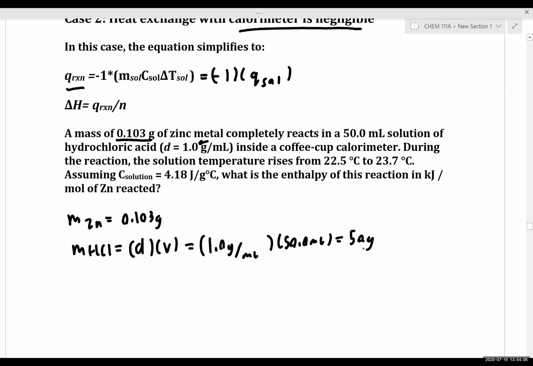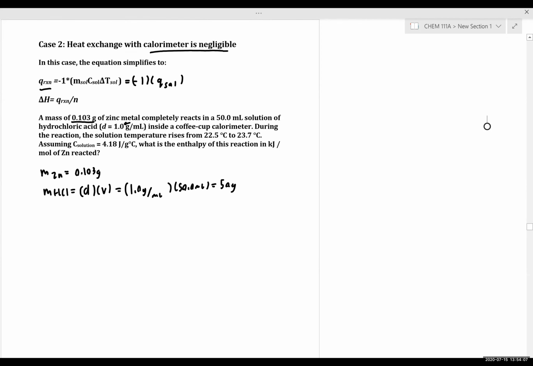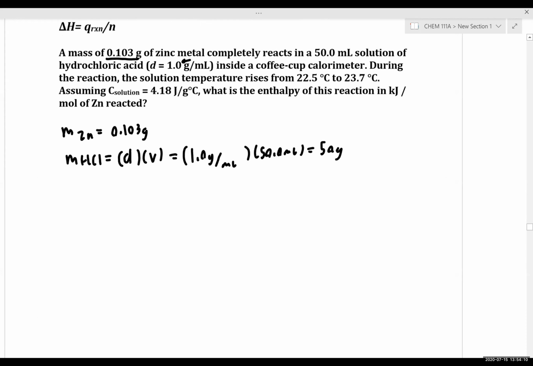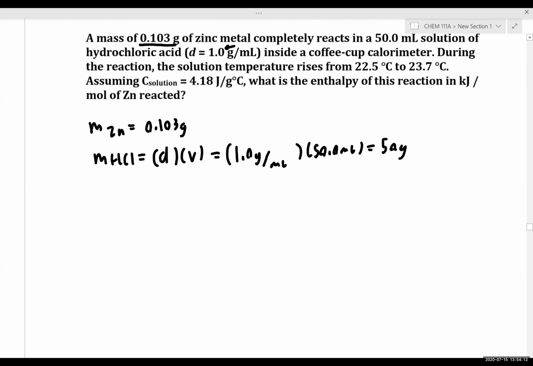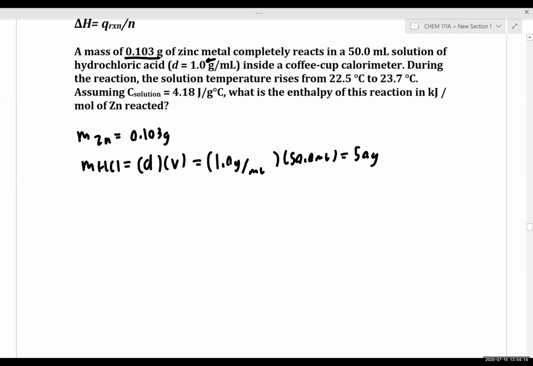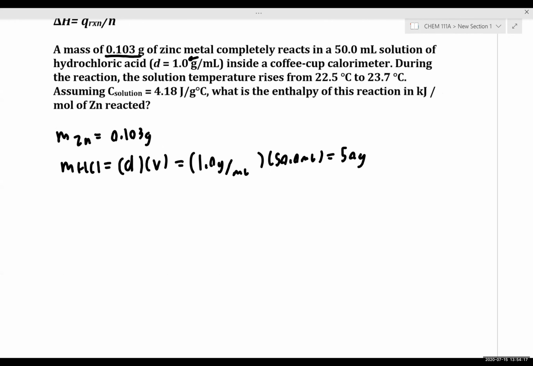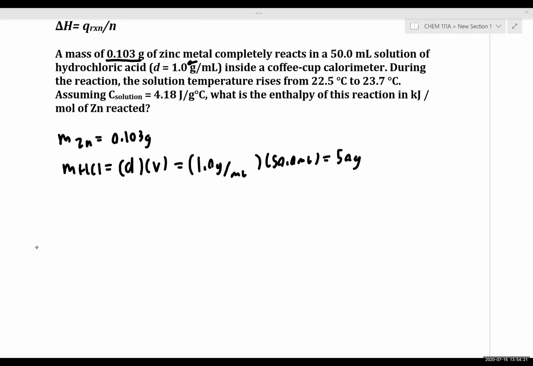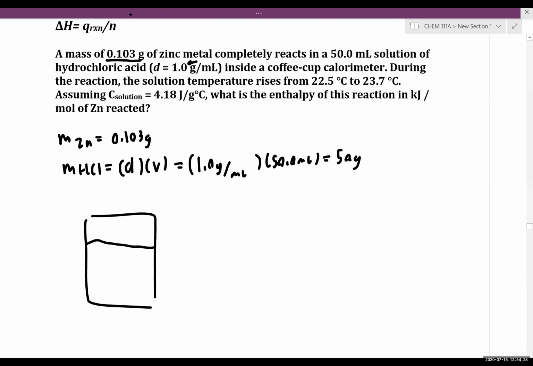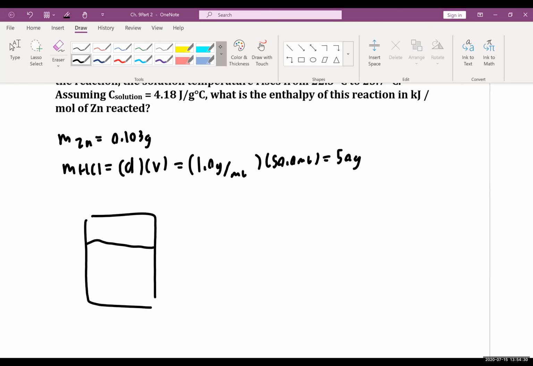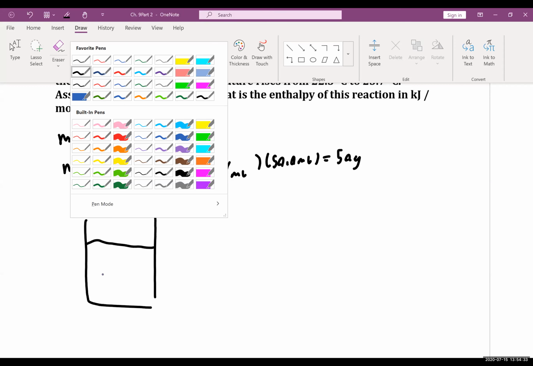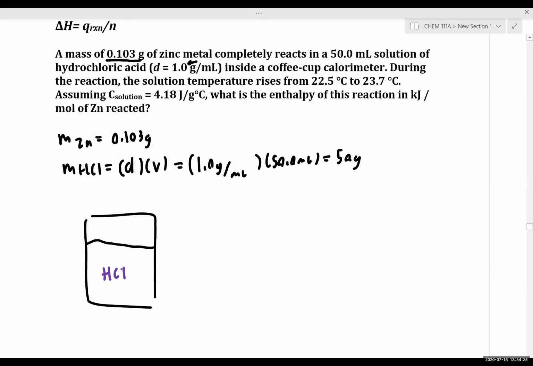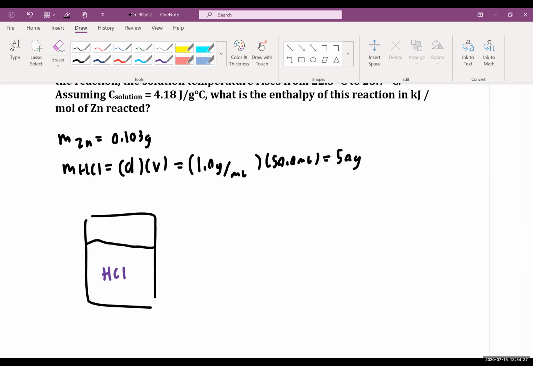Now, just to draw a picture of what's going on: initially, we have our solution of hydrochloric acid, and we are going to drop in some zinc.